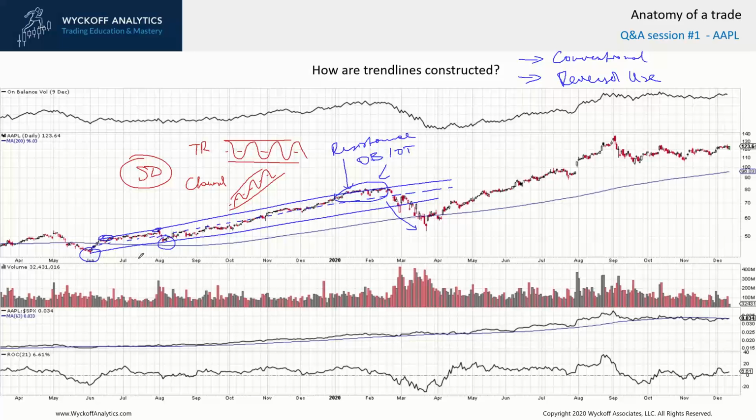So we're going to have an oversold condition and an overbought condition in both environments, whether this is a consolidation or a trend. The key for our trading strategy is very simplistic.